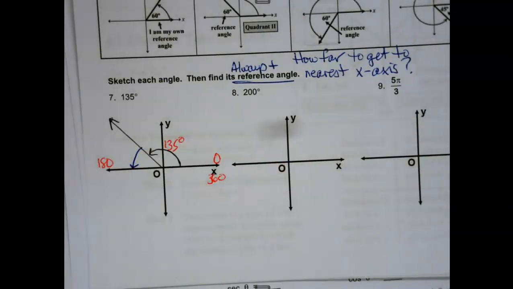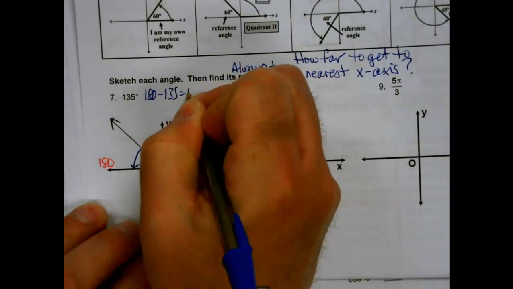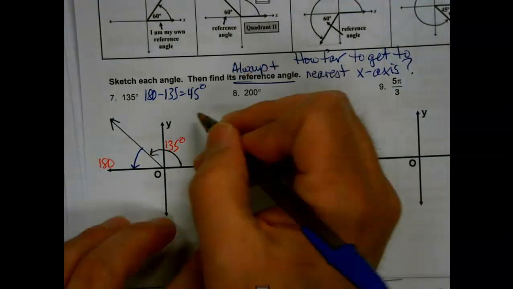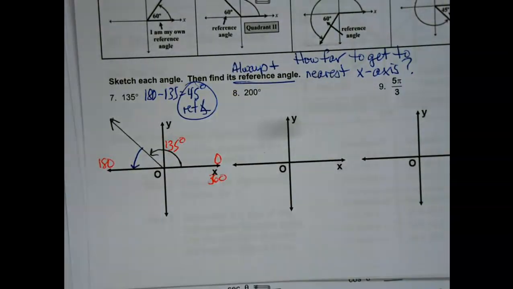So that's how much further I got to go. And I'm just like, oh, so 180 minus 135 is 45 degrees. That's my reference angle. Because you're going to get to a point when we get in the middle of the next part of the unit that knowing that it's a 45-degree angle, I said, hey, it's the sine of 45, what is it? You're going to rattle it off because you're going to know what it is. It's going to make things easier and go faster. So we're just kind of setting up for that right now.